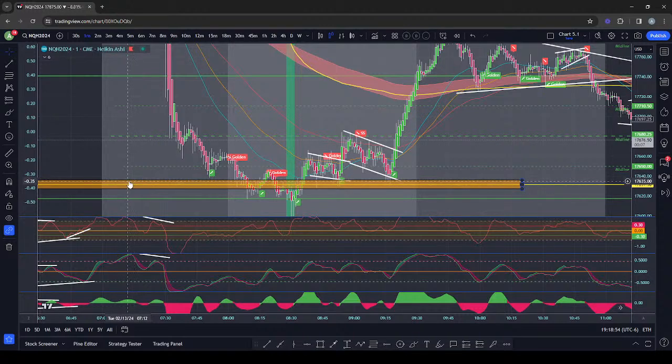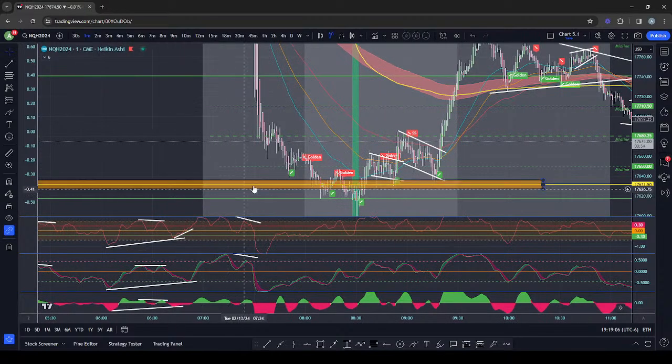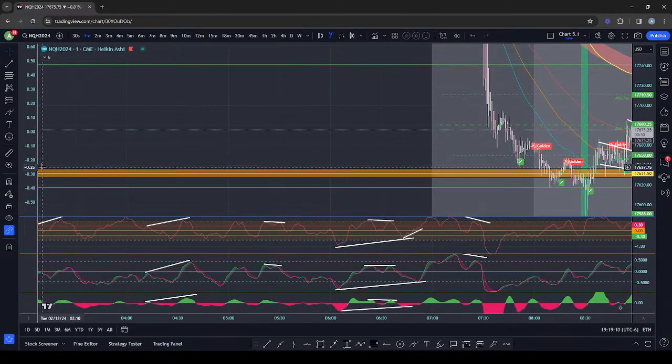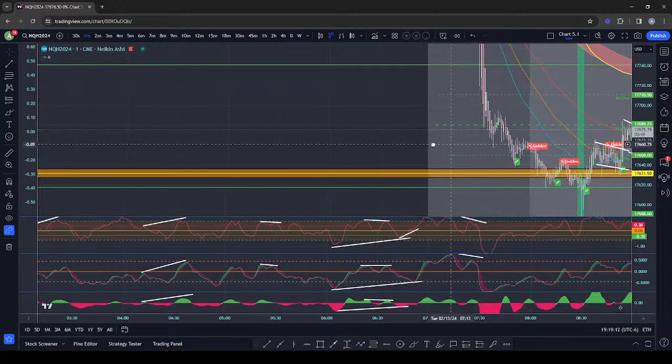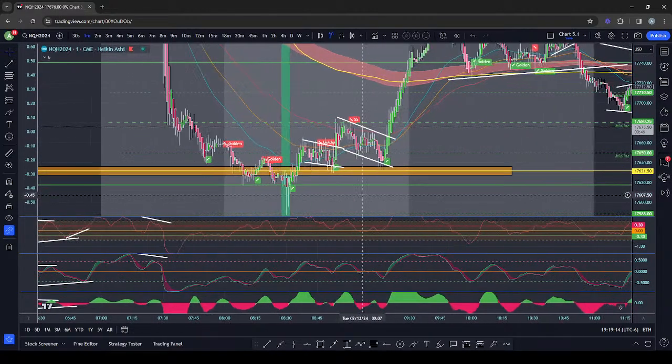So I here have a nice little zone area drawn out. When I do look for reversal divergences, I really like to find a nice zone area where price reversed, and we saw that at the start of the segment here. And this is another nice area where price could possibly reverse and go bullish in here.